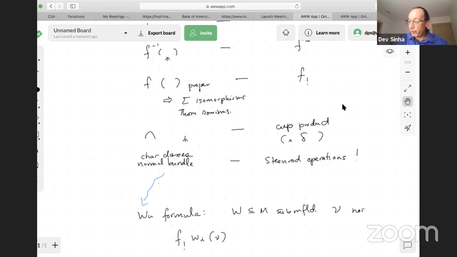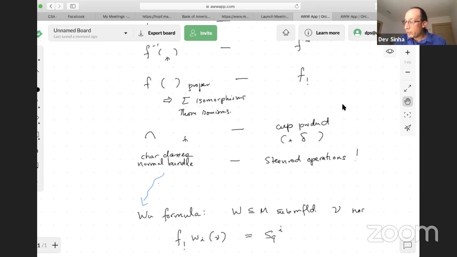If I'm thinking of these Stiefel-Whitney classes as represented by submanifolds of W, well, a submanifold of W is a submanifold of M, and so that also yields a Thom cochain, Thom cocycle. Well, that's just Sq^i.